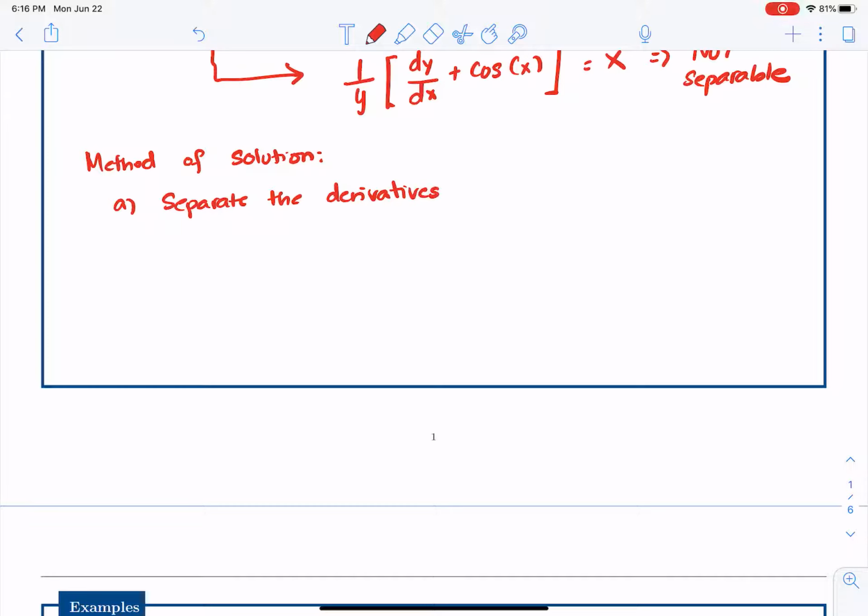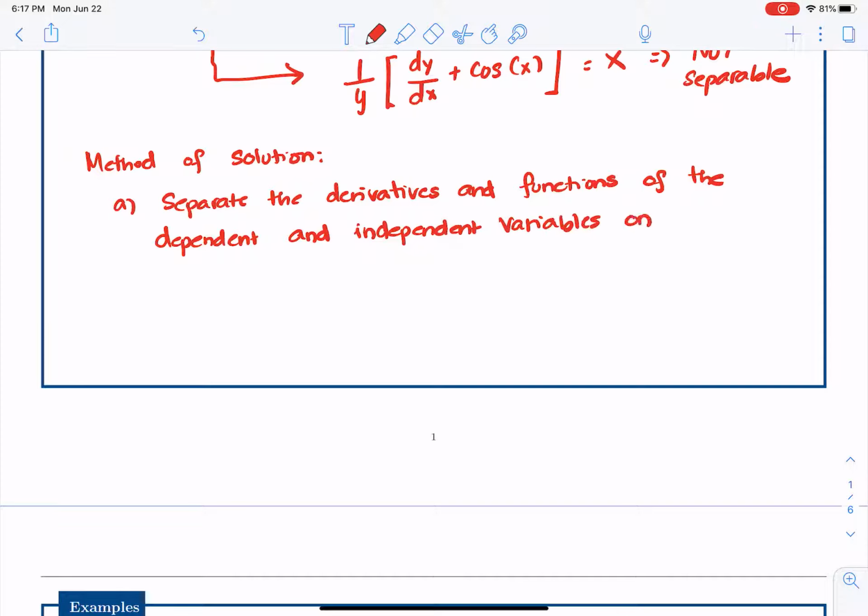We separate the derivatives and functions of the dependent and independent variables on either side of the equation.